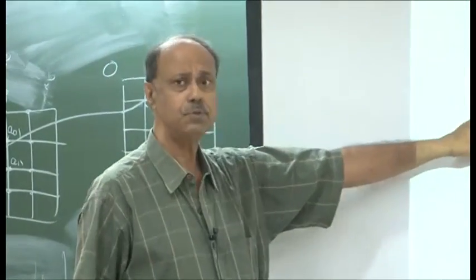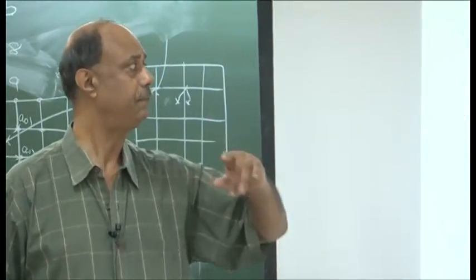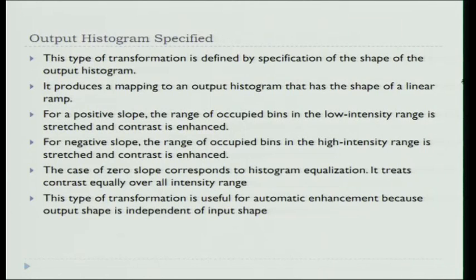So for a positive slope, the range occupied in the lower intensity level is stretched. What should be the lower range depends upon your thinking or application. If I want to study snow, then the white, higher intensity level only you want to discuss. If I want to see the dark area, then the lower intensity.